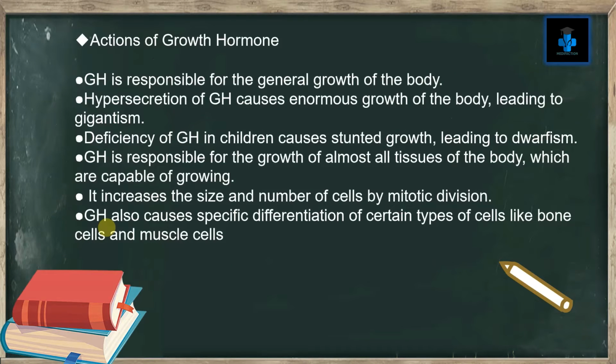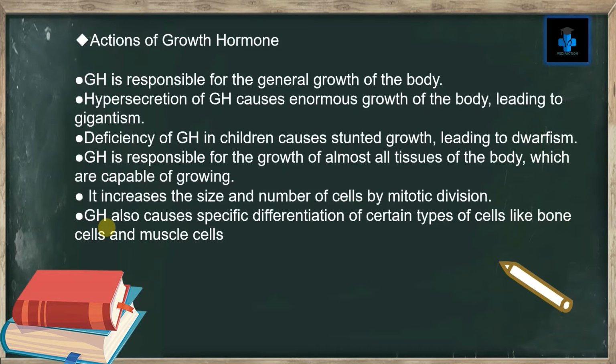Actions of growth hormone. Growth hormone is responsible for the general growth of the body. Hypersecretion of growth hormone causes enormous growth of the body, leading to gigantism. Deficiency of growth hormone in children causes stunted growth, leading to dwarfism.